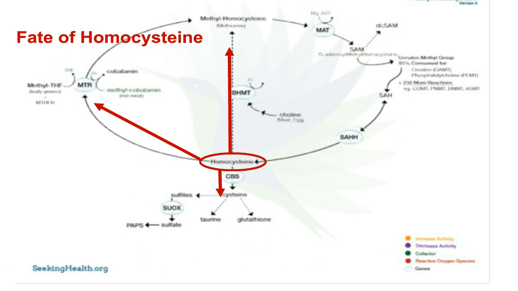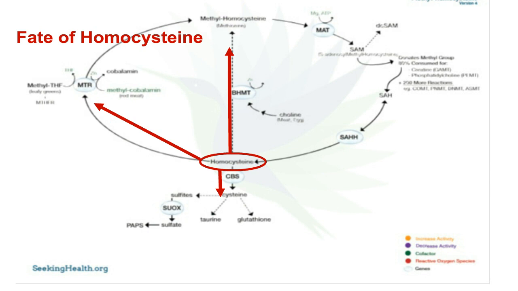Homocysteine is here at the bottom of the methionine cycle, and homocysteine can go in three directions once it is made. It can recirculate the long way around to the left up through the MTR enzyme and come back around the full cycle, coming back full circle. This is what we call the long route around the methionine cycle.